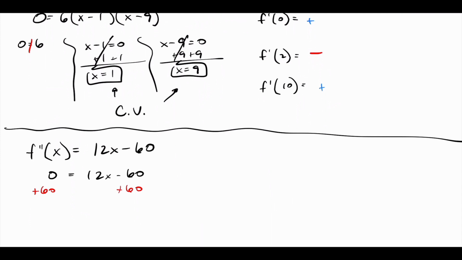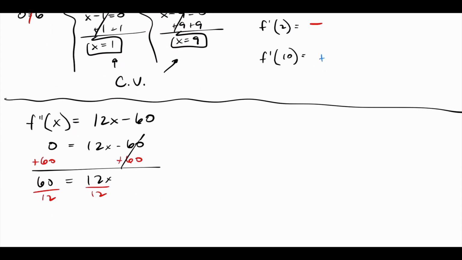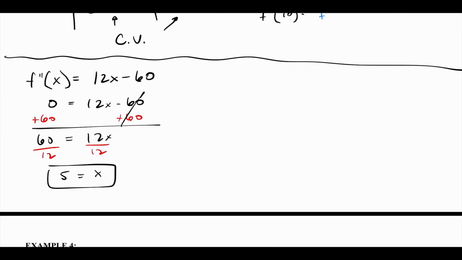Or it's a binomial. You could do it that way, but since it doesn't have a squared or anything, I'm just going to do it this way. You could divide them both by 12 and do it that way, but I'm just going to get 12x by itself. Divide by 12, and you're going to get x equals 5. That's a critical value, also known as inflection point.